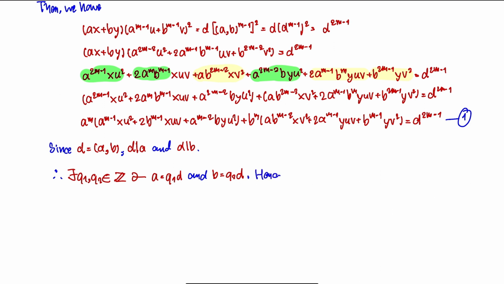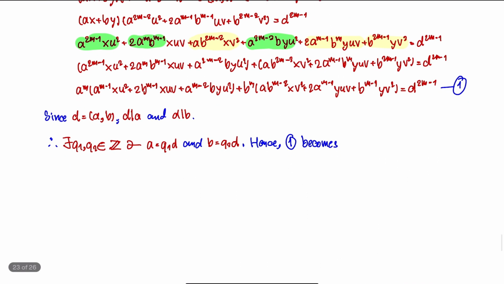Now what happened to equation 1? Hence equation 1 becomes, okay, what does it become? It becomes a to the m, q1 d raised to the m minus 1 x u squared plus 2 q2 d raised to the m minus 1 x u v plus, okay, what about this one right here?